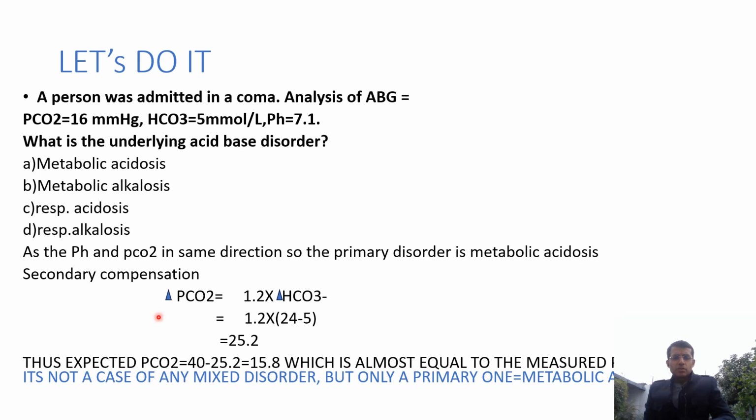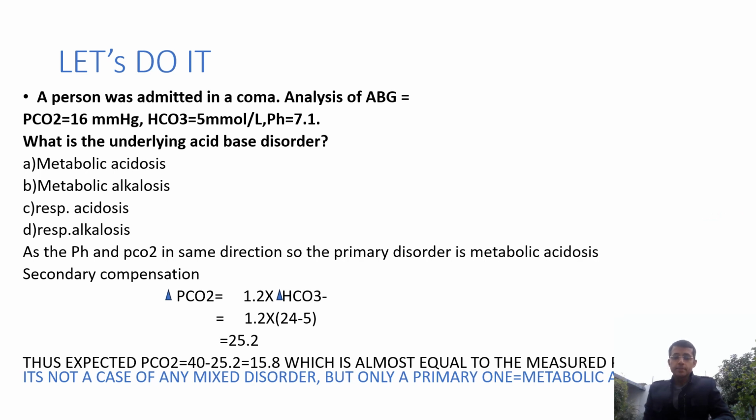In metabolic acidosis, respiratory compensation is a factor of 1.2 multiplied by the bicarbonate fall. So 1.2 into 25.2. In metabolic acidosis, expected PCO2 will be 15.8, and it's 16 given in the example, so the compensation is almost complete. So it is not a case of any mixed disorder, it is a primary metabolic acidosis.